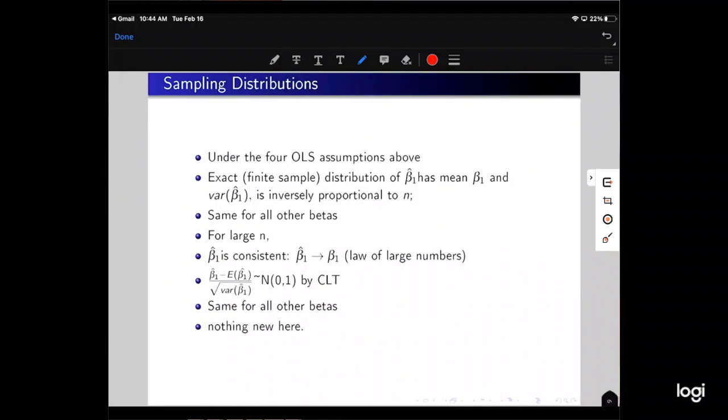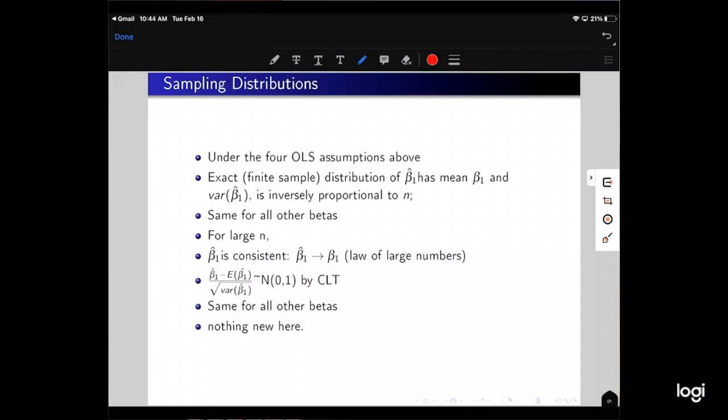The sampling distributions. Again, why do we care about sampling distributions? Well, this follows from the least squares assumptions. The sampling distributions of the betas help us determine what distributions we need in order to determine statistical confidence.